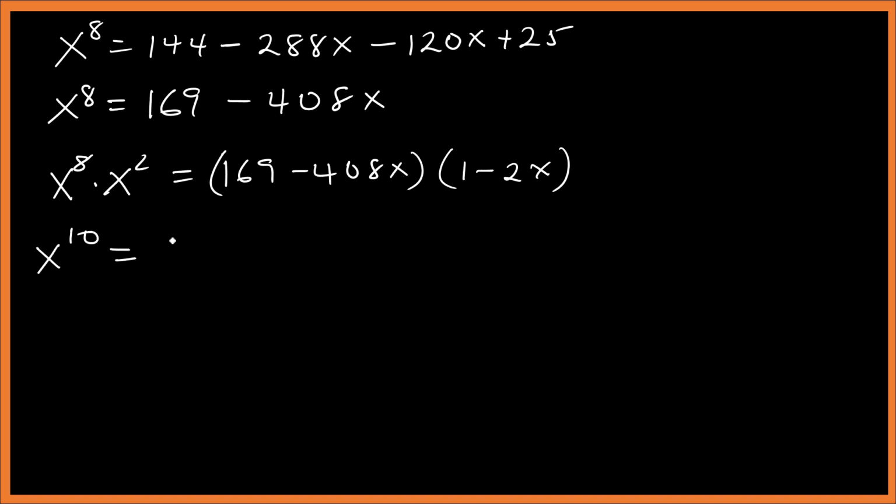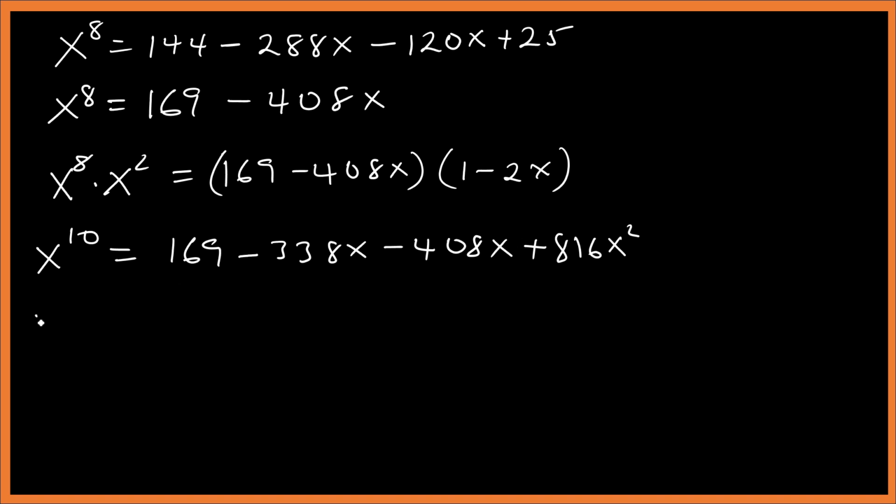So we have 169 minus 169 times 2, so 338x, then minus 408x times 1, and minus minus is plus, so 408x times 2x, we have 816x squared.